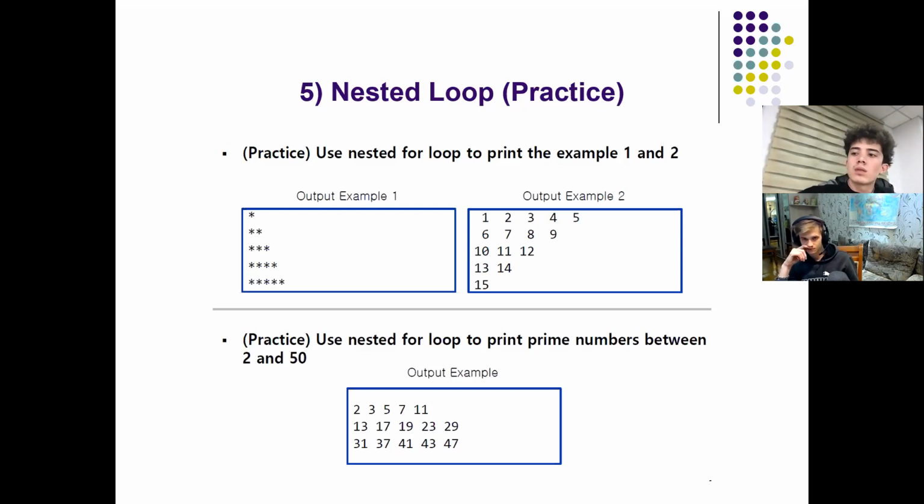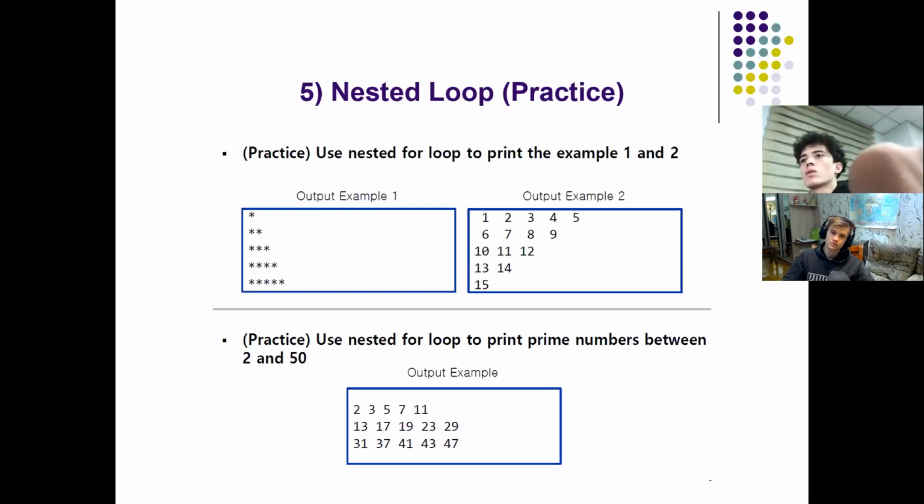If it's not divided, then it should be printed. For example, if we have 12, we should check it until 6. If it is divisible by 2 or 3 or 4, then the final loop should break automatically, stop working, and then print another one.